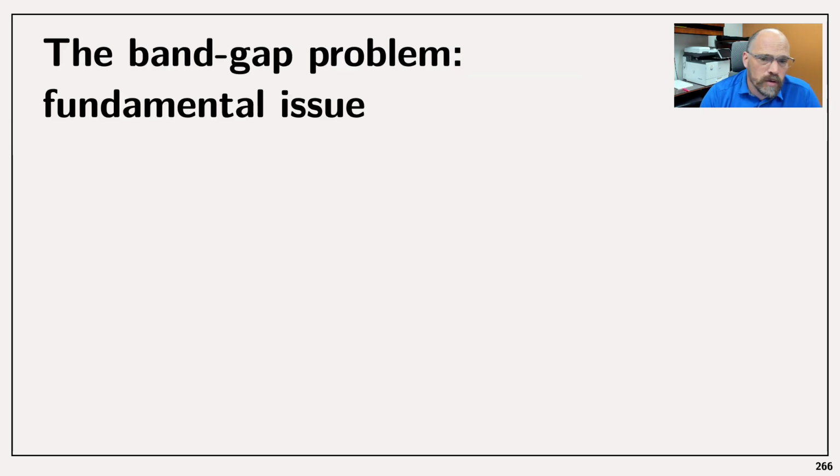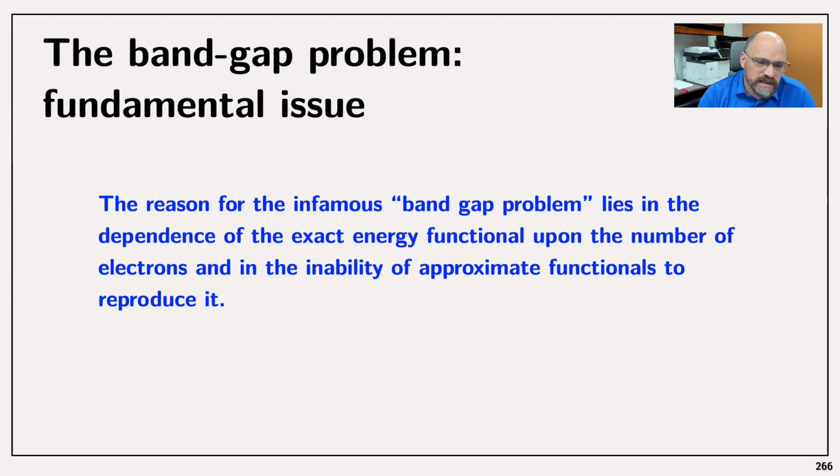Okay, so the band gap problem, the fundamental issue, and this is very important as well, there's a single slide for this, is that the exact energy functional, the one we don't know, so if the exchange correlation functional was exact, this dependence on the number of electrons is actually a little odd, in the sense that the derivative of the exchange correlation energy with respect to the density is not a continuous function of the number of electrons.